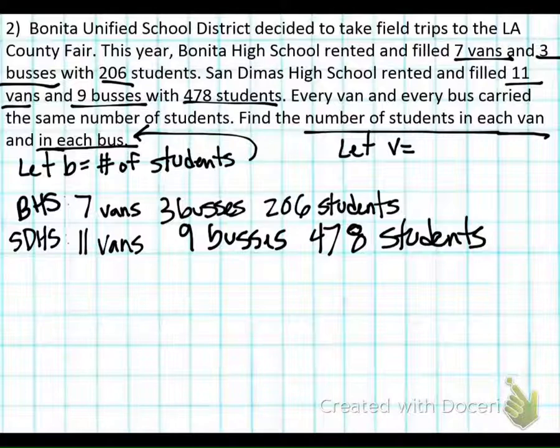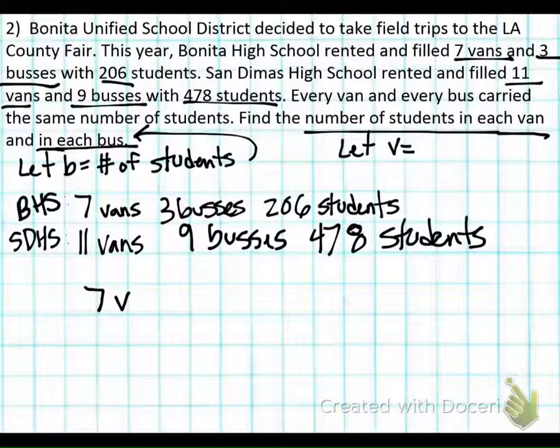Okay, I can translate these into math equations by thinking about what my variables are. So I have V is the number of students in each van. So if I take that number, V, and I multiply it by 7, that will tell me the number of students in the 7 vans from Bonita High School.